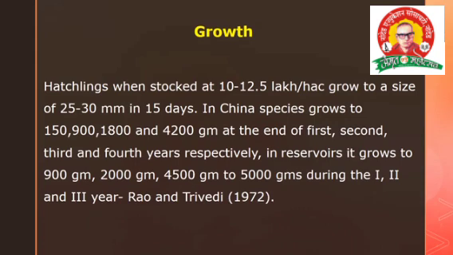When we stock for the culture of silver carp at the ratio of 10 to 12.5 lakhs per hectare, within 15 days the fish grow 25 to 30 mm in length. In China, the species grows to 150, 900, 1800 and 4200 grams at the end of the first, second, third and fourth year respectively.